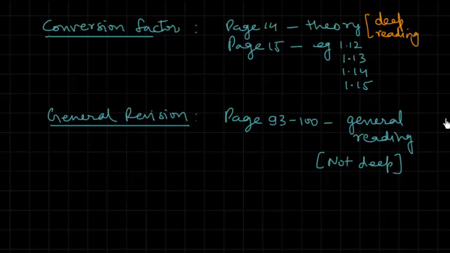Okay, this is the homework for you. For the conversion factor in your book Nutan Chemistry, on page 14 you can read about the theory. Deep reading, that means you need to concentrate on what's written there. On page 15 there are 4-5 examples that you can do, and you can do a general revision for the last class and this one, from page 93 to 100.